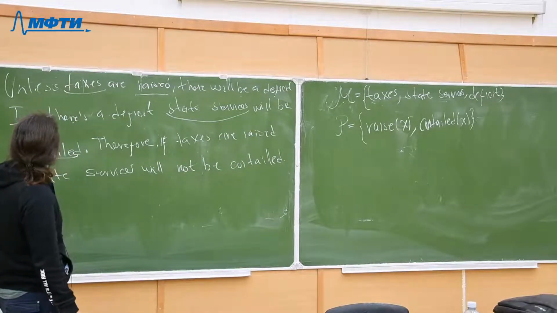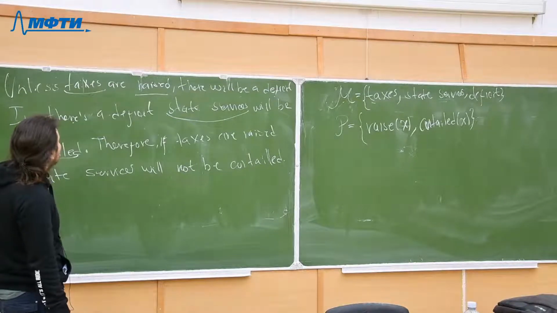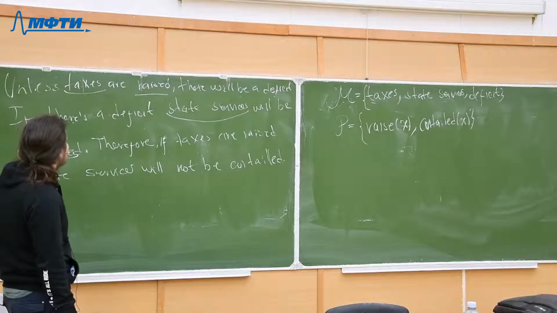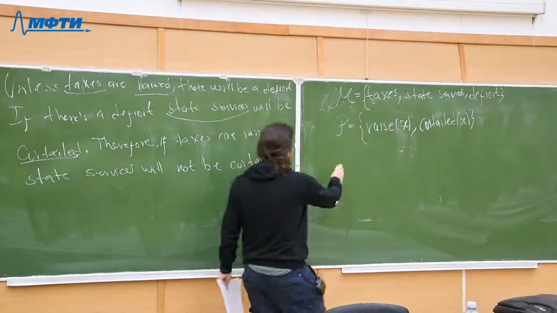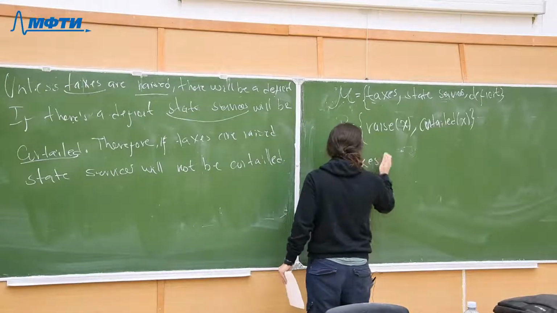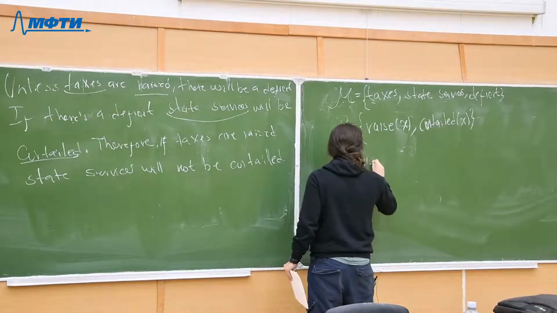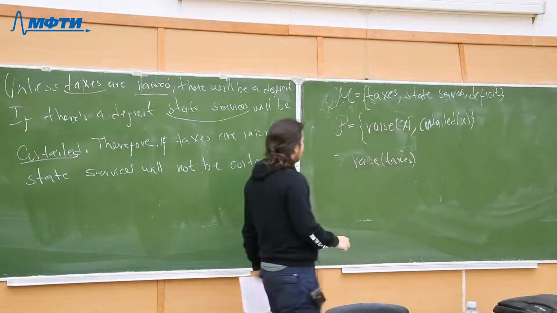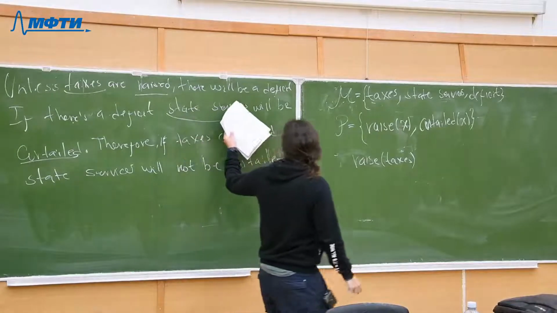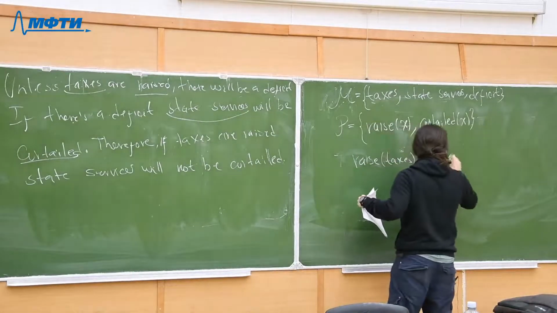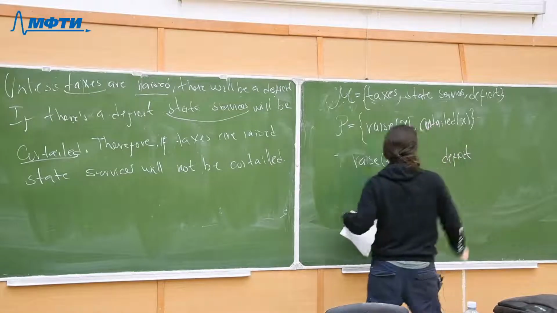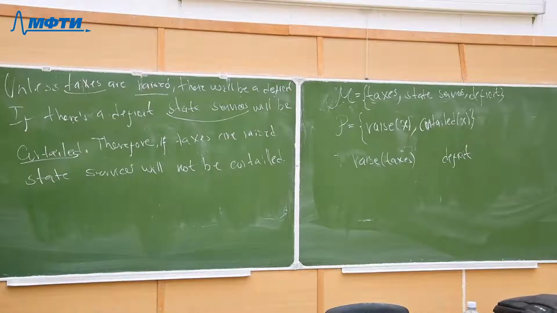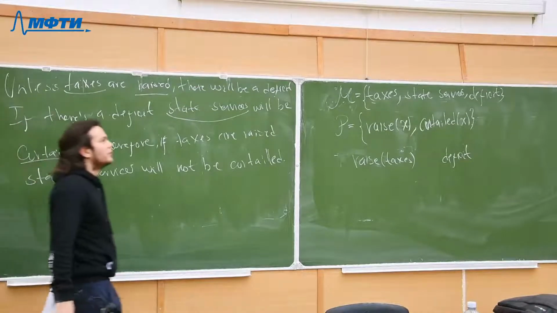Unless taxes are raised, there will be a deficit. So taxes, no, raise, then there will be a deficit. So deficit. So what do I need to write here? Unless. If not.